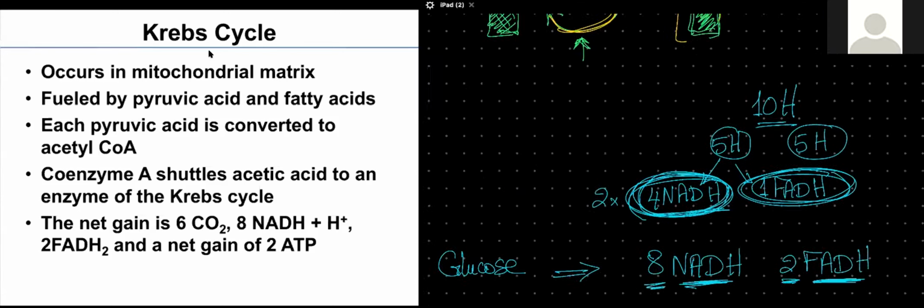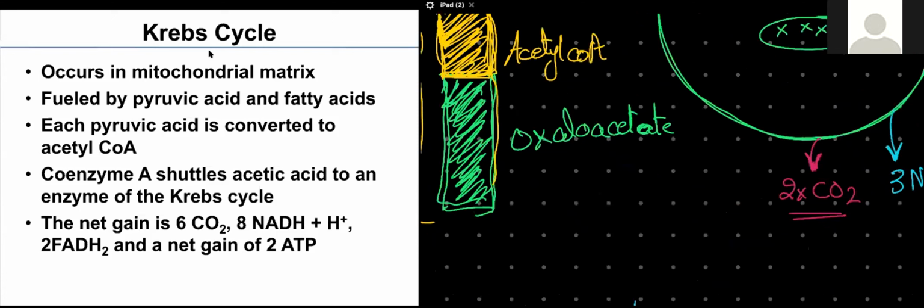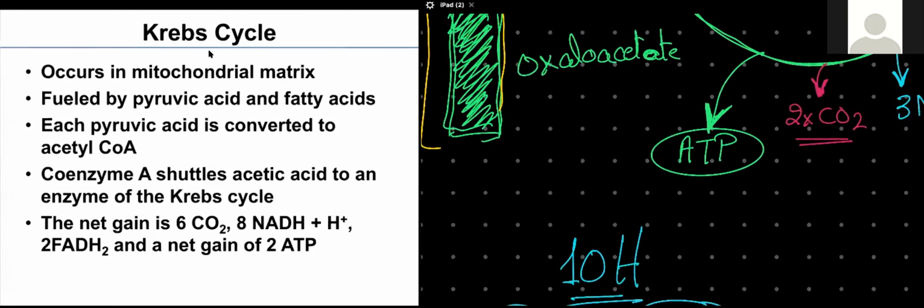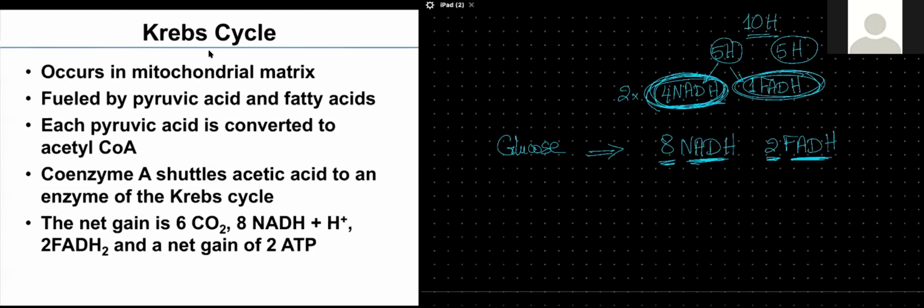Also, in the Krebs cycle, you're going to be breaking down high energy bonds that will be directly forming ATPs. You're going to be producing 1 ATP for each of the Krebs cycles. So this means I am producing a total of 2 ATPs from the Krebs cycle per glucose.